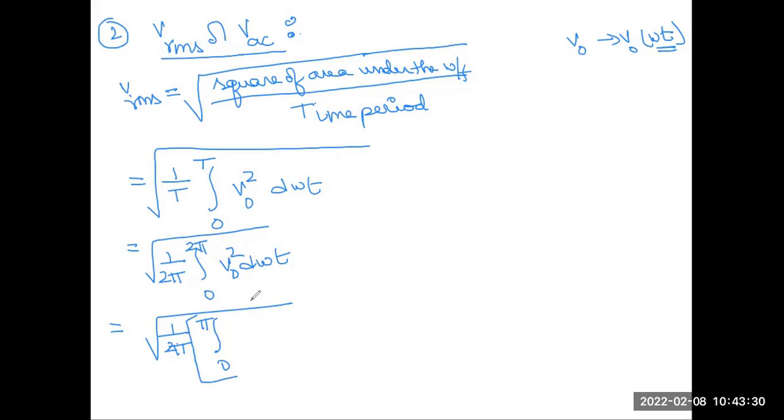I am writing directly, splitting the integral as well as substituting the value of the output. So 0 to pi, V naught is Vm sin omega t, plus pi to 2 pi. What is the value for pi to 2 pi? 0. 0 d omega t, whole square.